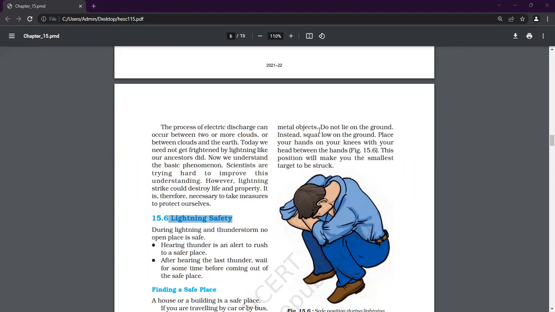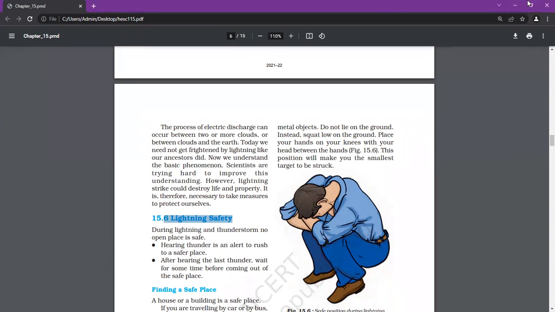It is also a topic of discussion. Even scientists are still discussing how the positive charge completely comes to the upper edges of the clouds and why the lower edges of the clouds get the negative charge. This topic is still a point of discussion and the research is going on, and we have to see the next topic, that is lightning safety.